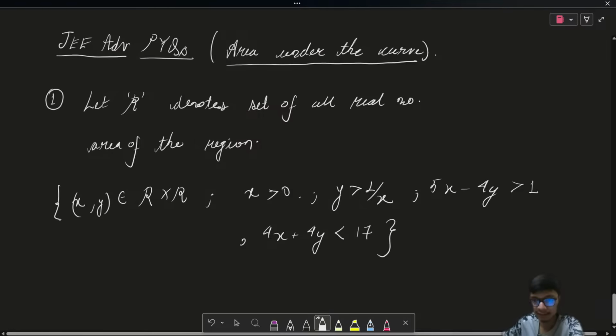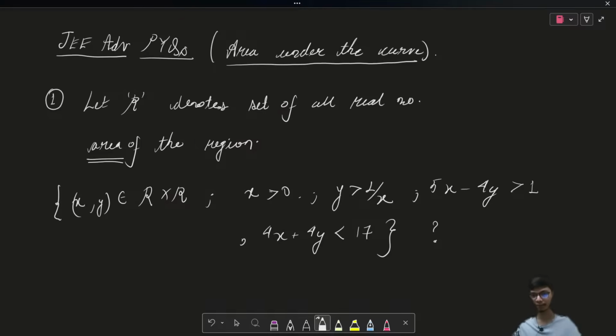This is the entire condition of the question. So you have to find the area of the region given by these inequalities. Can you try to solve this question?